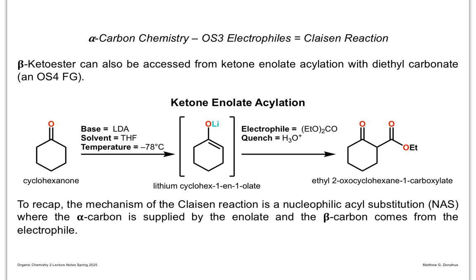I want to get to this point. This shows a reaction. It's a Claisen reaction, but you're starting with a ketone, and then you're going to use the diethyl carbonate as the electrophile.